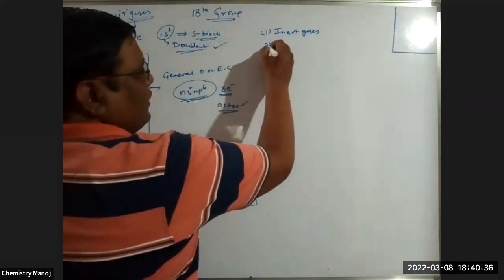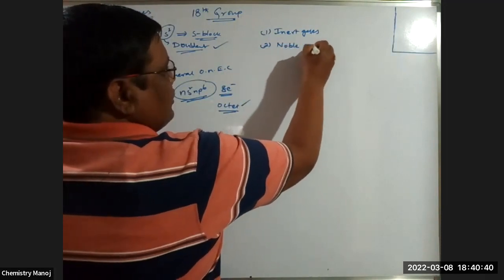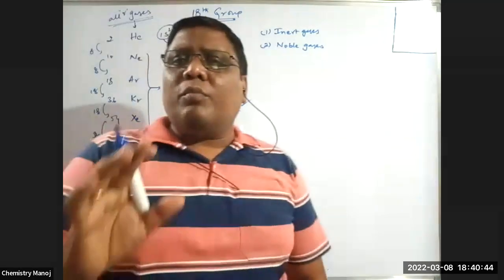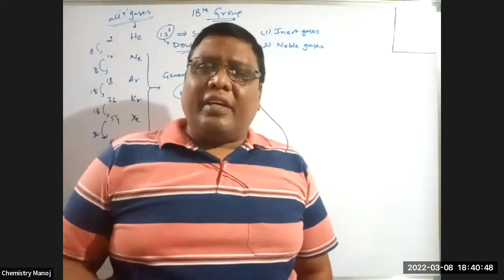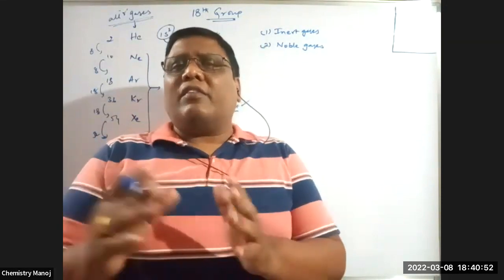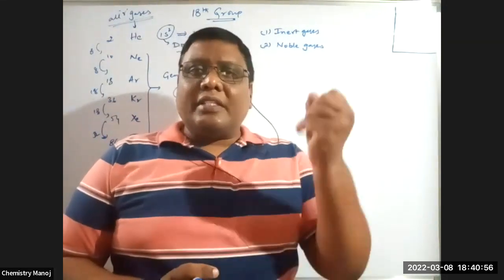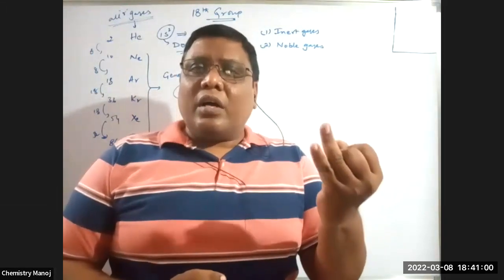Next, another name: these are also called noble gases. Why are these called noble gases? Because these have noble behavior, special behavior. Almost these are not involved in reaction with others, except with highly electronegative elements like oxygen and fluorine.